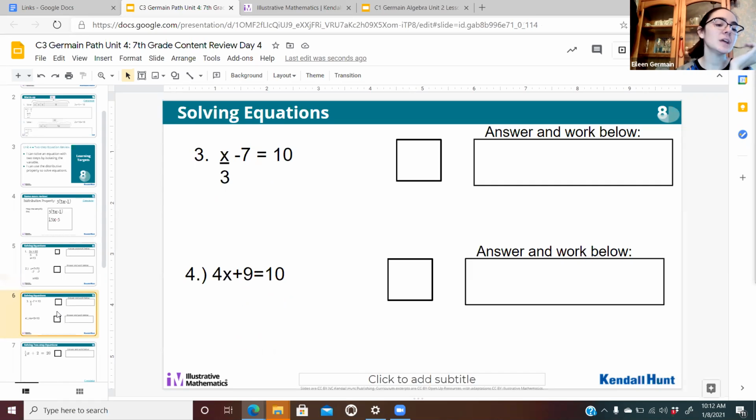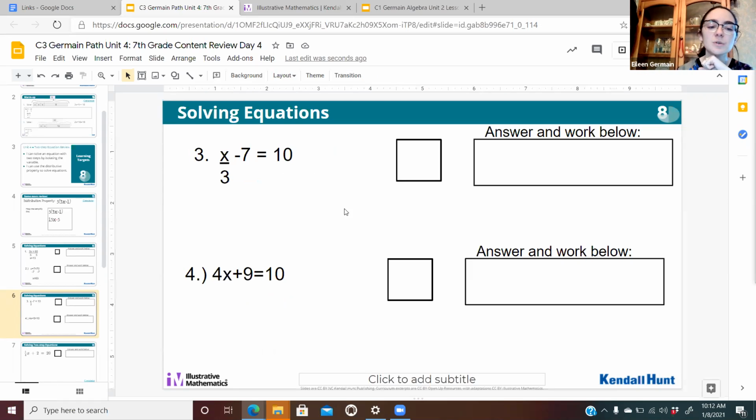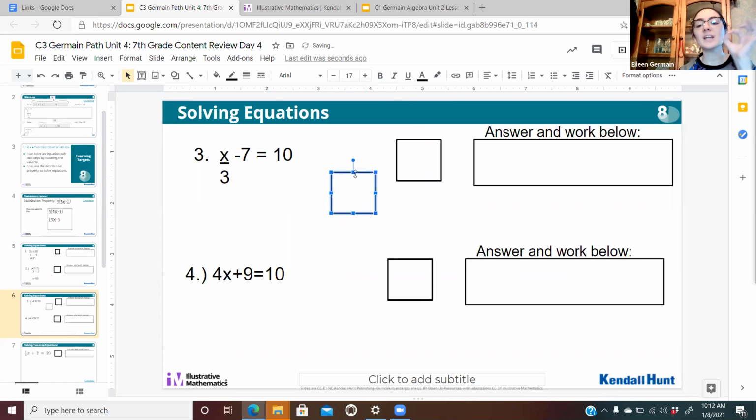Instead of using this box right here and hitting enter, I decided to give you some boxes, and we're going to use these boxes to help us solve this guy. So when we look at number 3, what operation do I need to undo first? The divide by 3 or the minus 7?